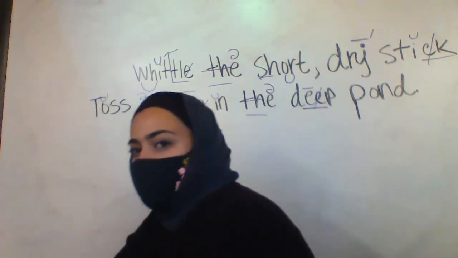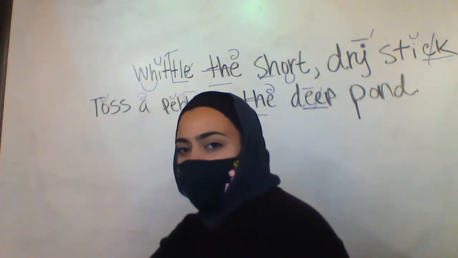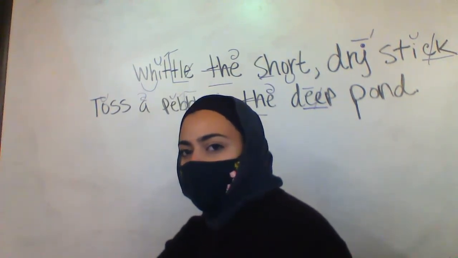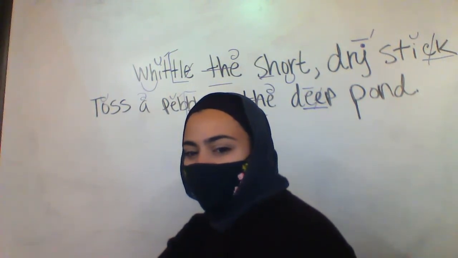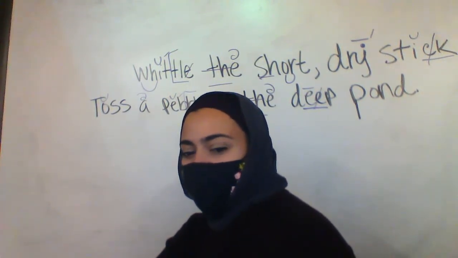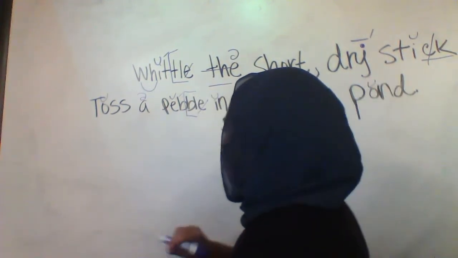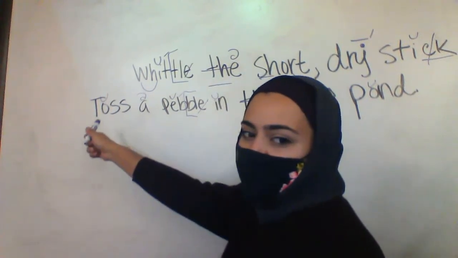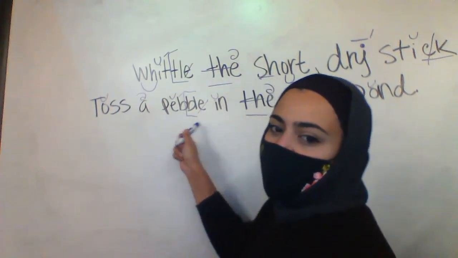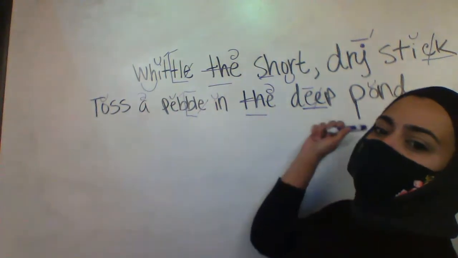Okay, and the last one is for Michael. How do I code pond? I put a breve on the O. Very good. A breve on the O. Pond. Let's read it together. Toss a pebble in the deep pond.